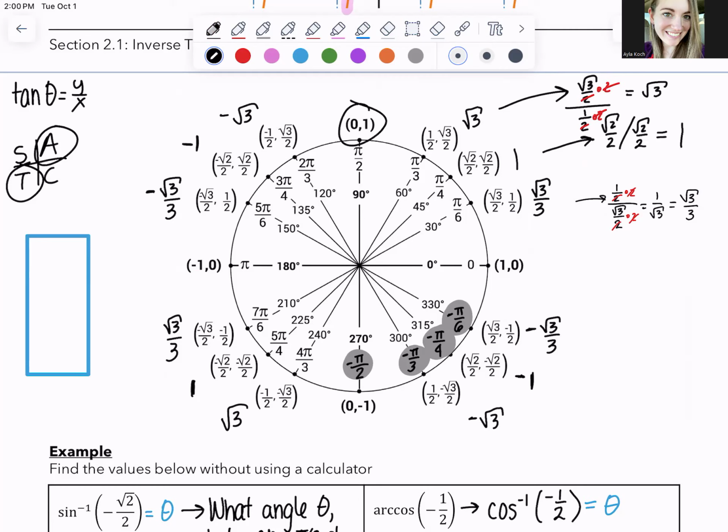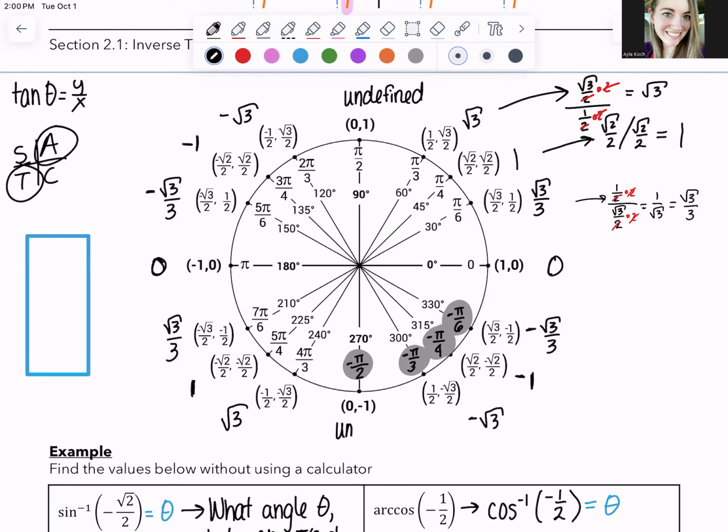Last but not least, we have the north, south, east, and wests, right? For 0, this is going to be 0 divided by 1. 0 divided by 1 is 0. And on the other side over here, 0 divided by negative 1 is 0. On the top, you get 1 divided by 0, which is undefined.